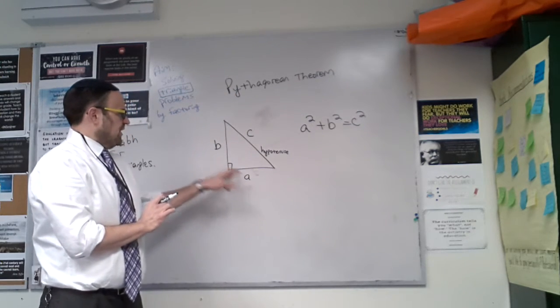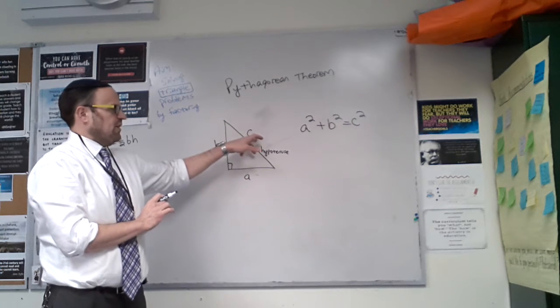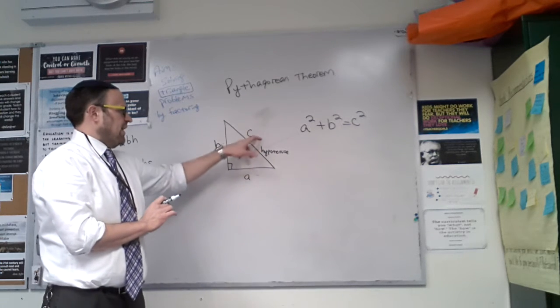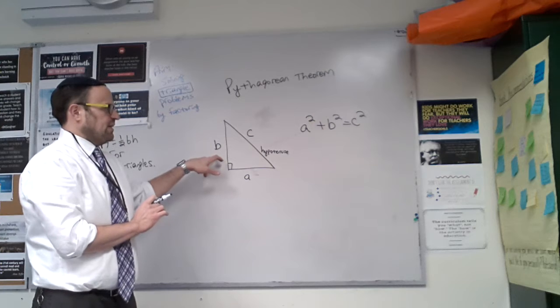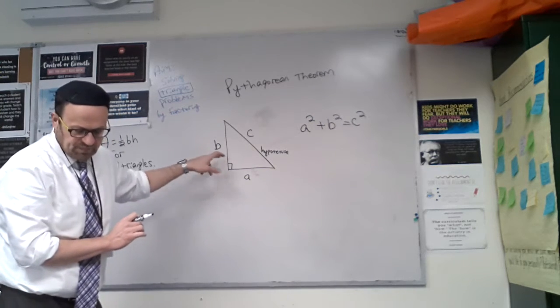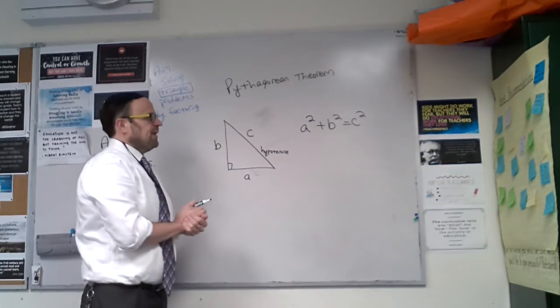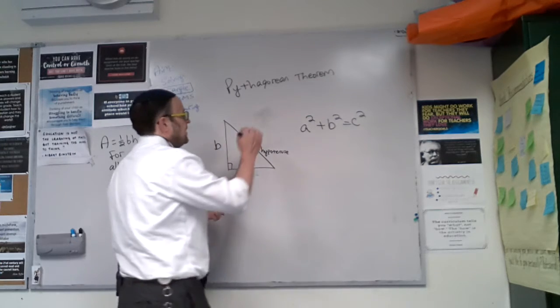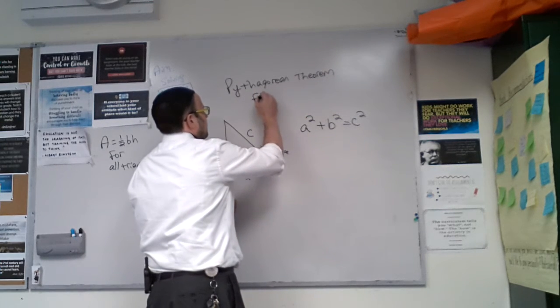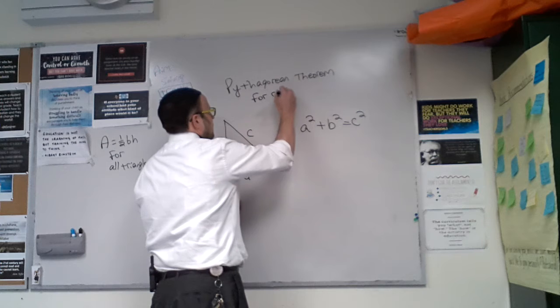If I know these two sides, I can figure out the third one. If I know A and C, I can figure out the second one. Okay, so that's it. And this is for right triangles only.